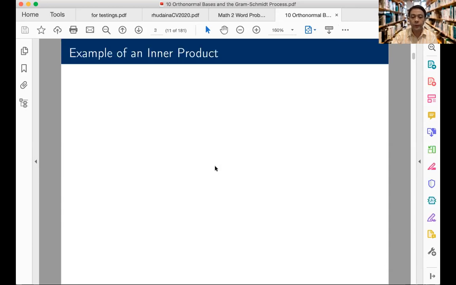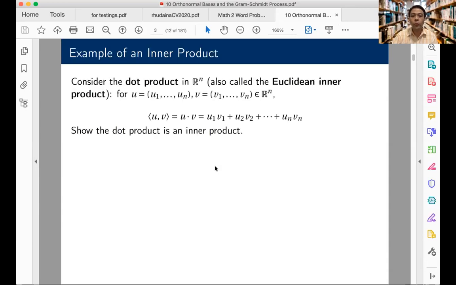So for example, when we were studying the space of vectors in Rn, we were introduced to the dot product.